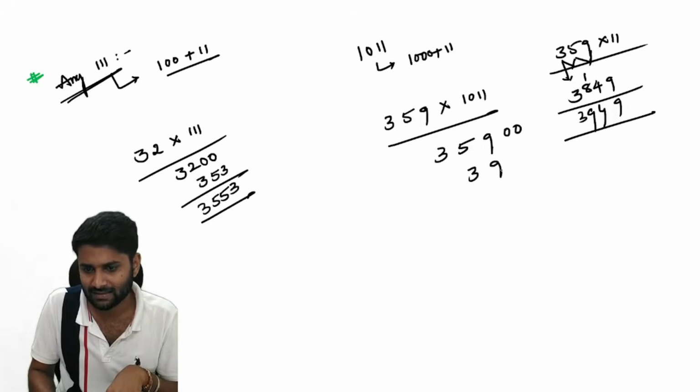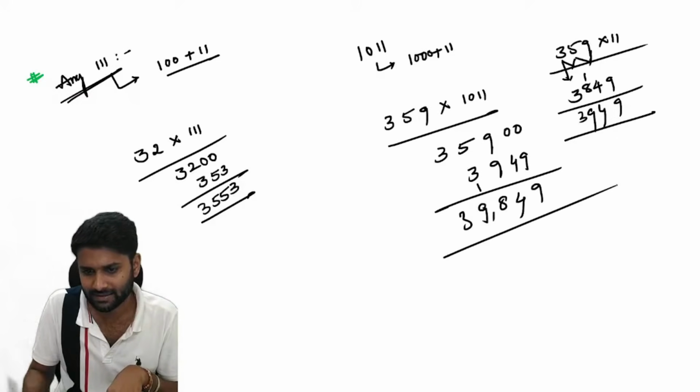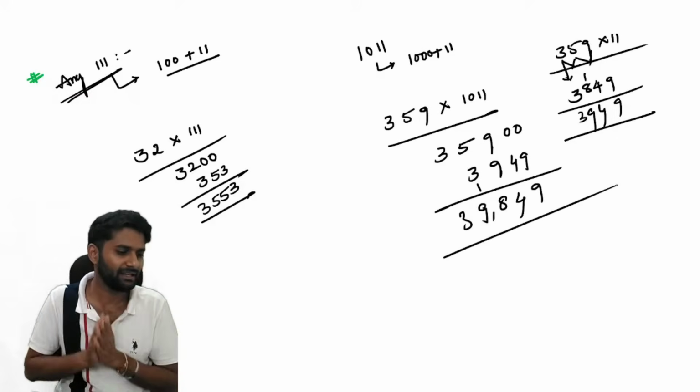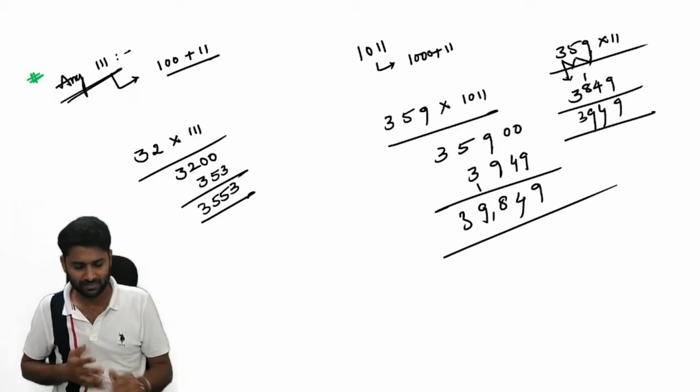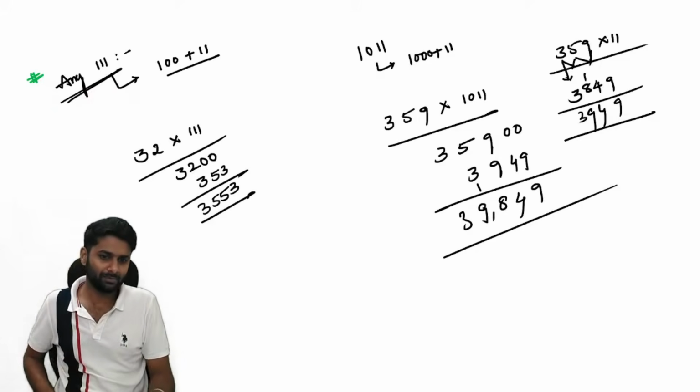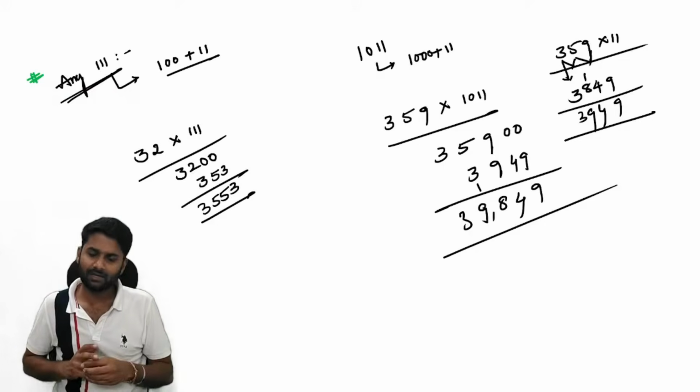So just add 35900 and 3949, then the result is 39,849. So is it clear? You can take any number which is multiplied with 11 or triple one or 1011. So the approach is same.